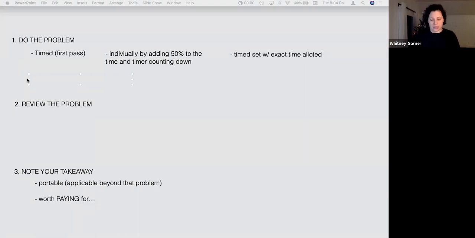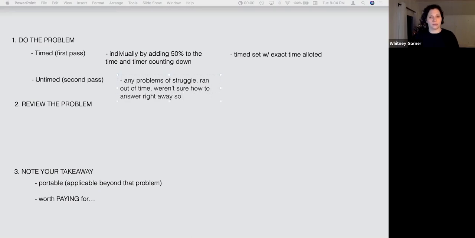Then your second pass is going to be untimed. You're going to use this for any problems you struggled with, ran out of time on, or weren't sure how to answer right away, so bailed. Anything like that, you're going to do untimed on that second pass.